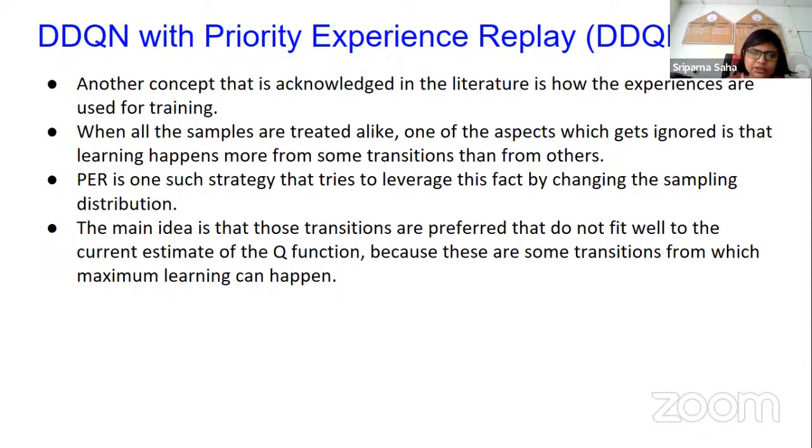So some samples are used more compared to the others. We are randomly selecting some samples, but we are changing the distribution depending on the errors.